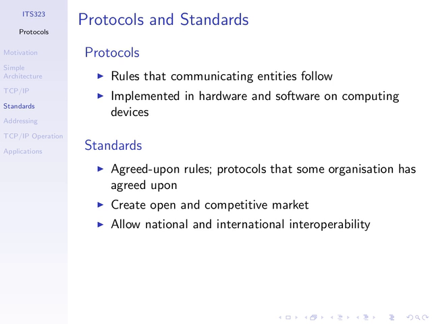Having standards is good for competition and having open markets because I can buy an Ethernet LAN card that works in this computer that's made by company 1. You can buy an Ethernet LAN card in your computer made by company 2. Because they both follow the same standard, they will talk to each other. If we didn't have standards and companies that implement the protocols didn't follow the standards, no one would be able to communicate with anyone else.